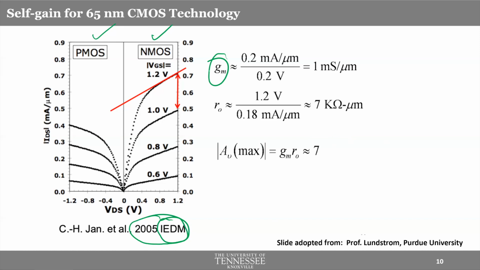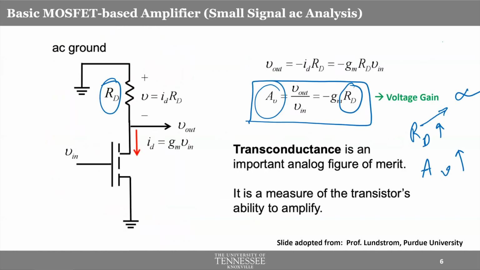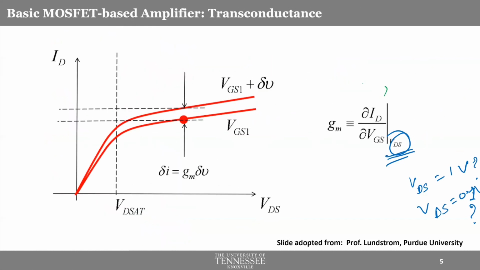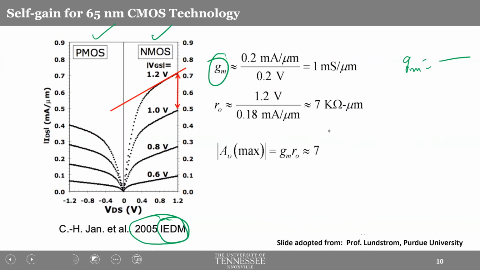Okay, so first let's try to calculate gm. So gm, if you remember properly, let's go back here again to these characteristics. gm was del ID over del VGS. So change of current over change of VGS. So let's find out. These graphs are ID versus VDS characteristics, as you see, ID versus VDS.